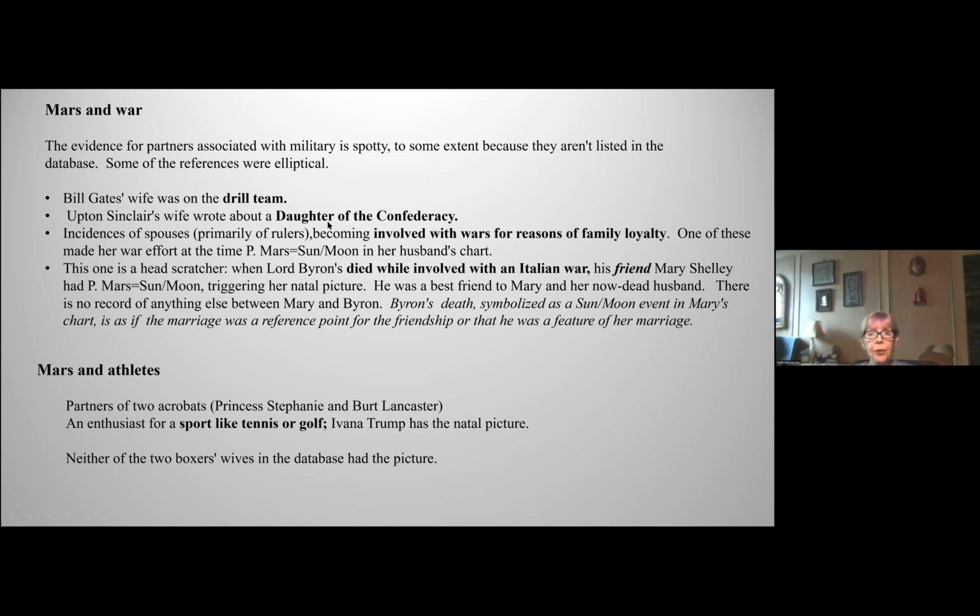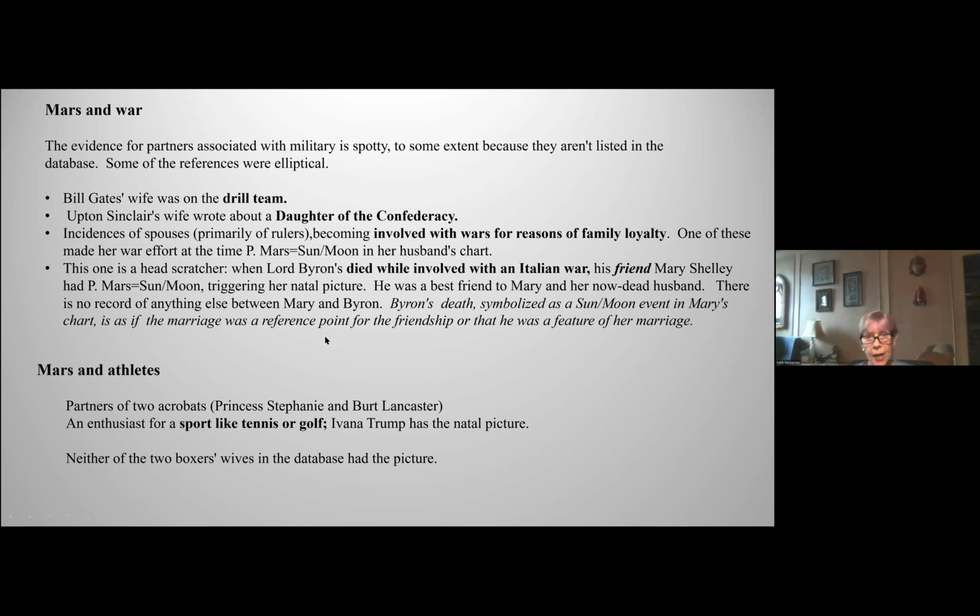And here's an author whose wife wrote about the daughter of the Confederacy. And here's an incident of a spouse of a ruler, primarily, who became involved with wars for the reason of family loyalty. And when that happened, Mars equals Sun Moon in her husband's chart. In other words, it described his wife's activity.